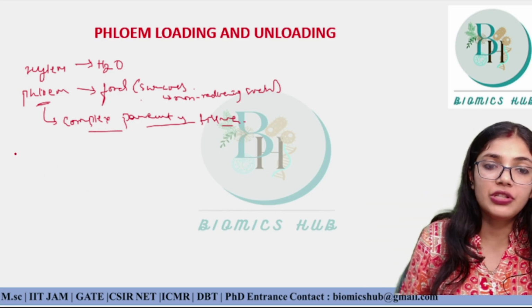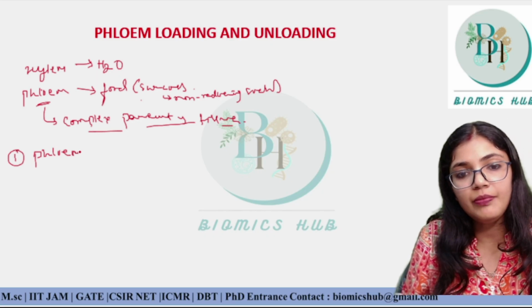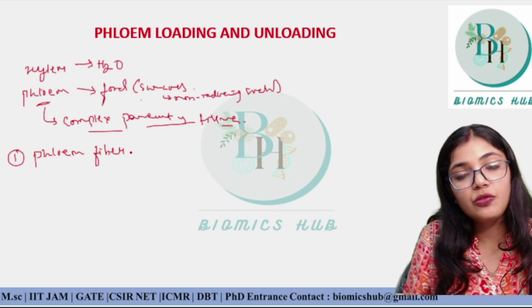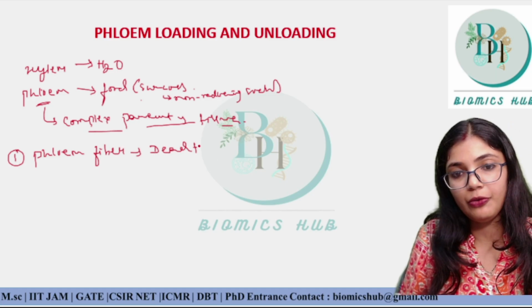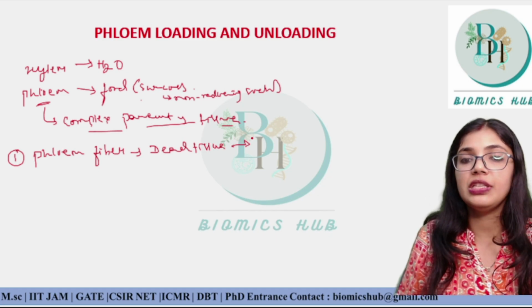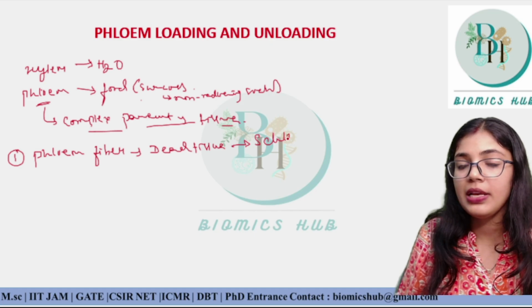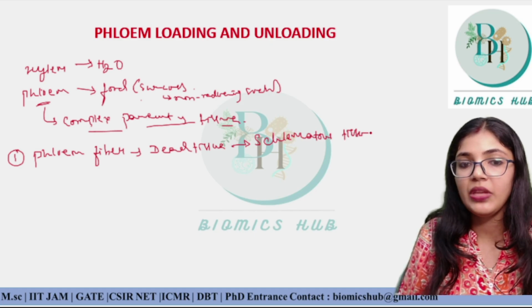The first thing the phloem is made of is the phloem fiber. What is this phloem fiber? It is a dead tissue. Why is it a dead tissue? Because the phloem fiber is made up of sclerenchymatous tissue, which is a dead tissue.